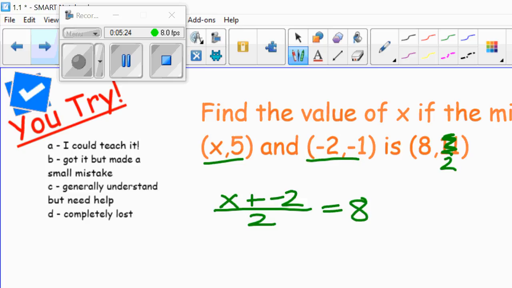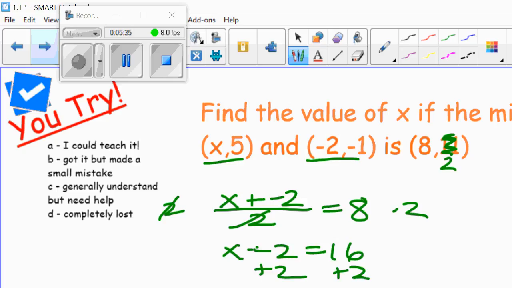Typo. A minute to finish up, and then we'll scan them.